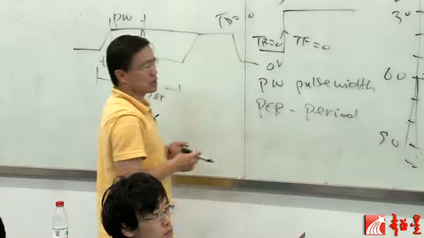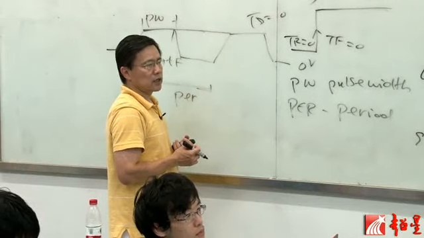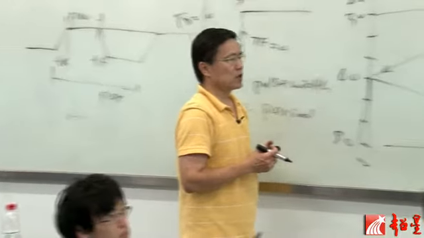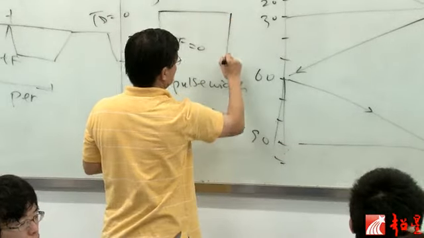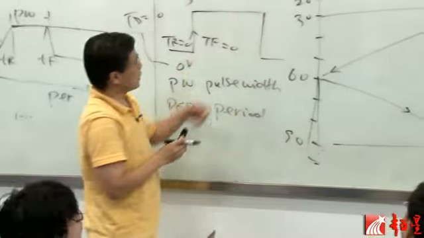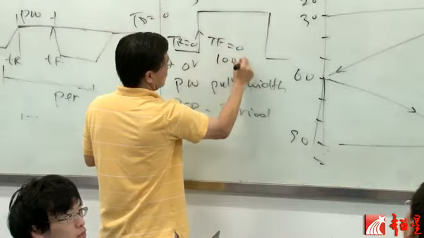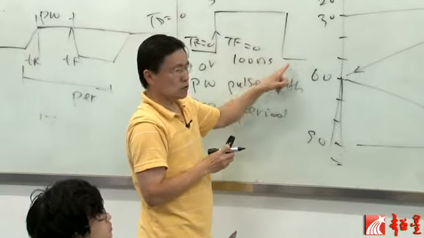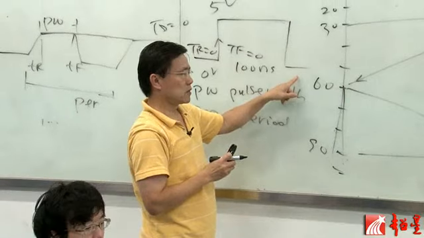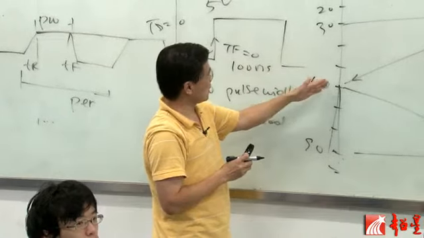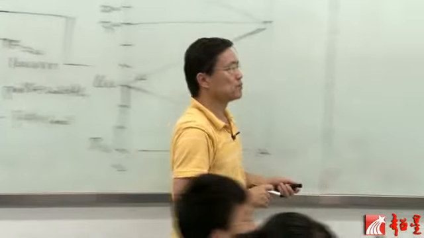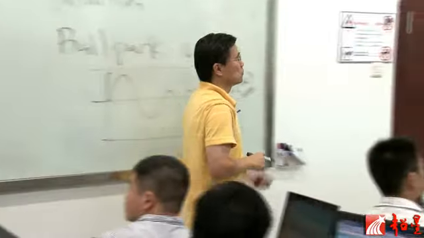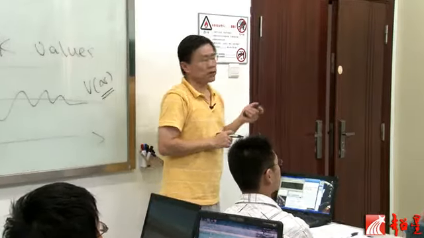If it's longer than 100 nanoseconds, this will become just a pulse, because after 100 nanoseconds the pulse will become 0. So if your simulation is longer than 100 nanoseconds, you're going to see a pulse instead of a step. All right.